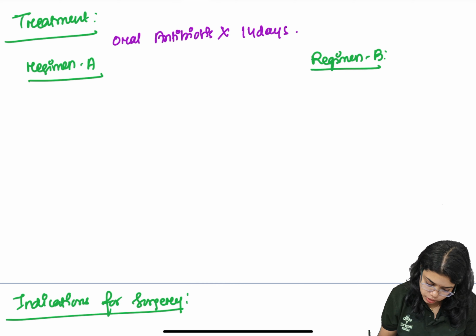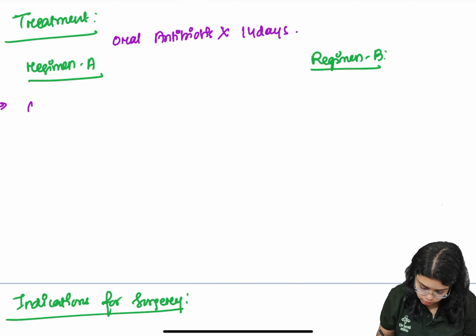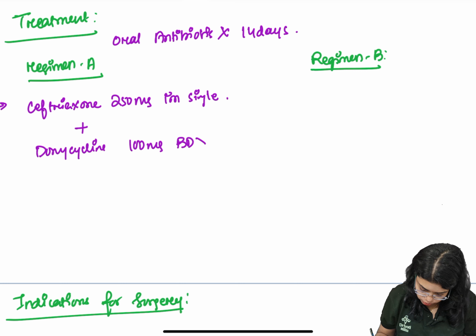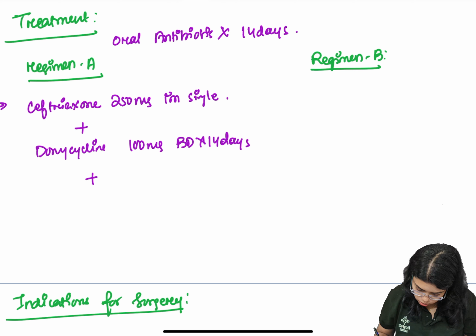In regimen A, we can give ceftriaxone 250 milligram IM single dose, followed by doxycycline 100 milligram BD for 14 days, with or without metronidazole.